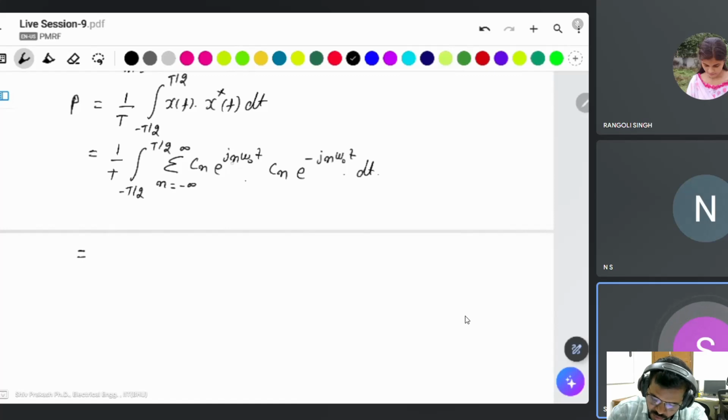The e to the power j n omega naught t terms will cancel out each other.